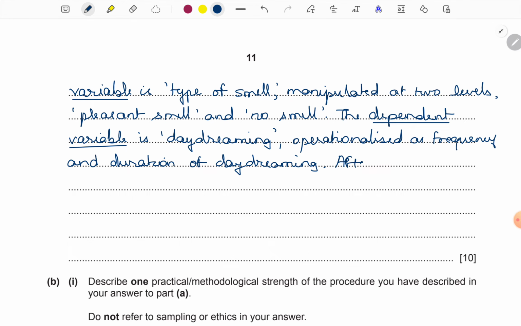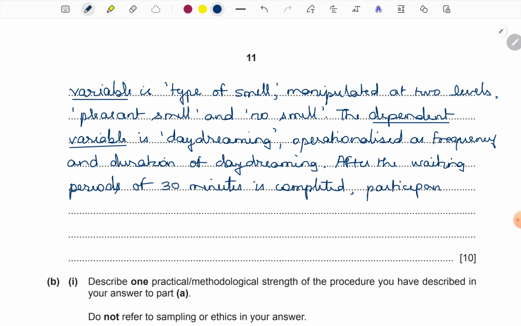After the waiting period of 30 minutes is completed, participants will be informed that no maths competition, I don't remember what I've written.